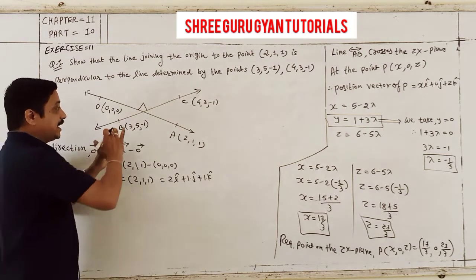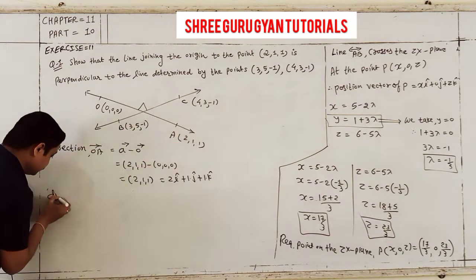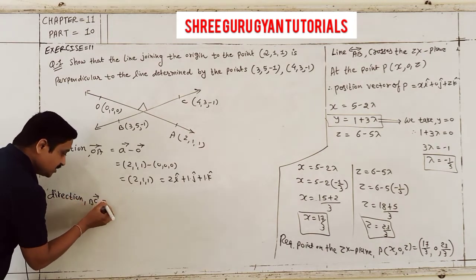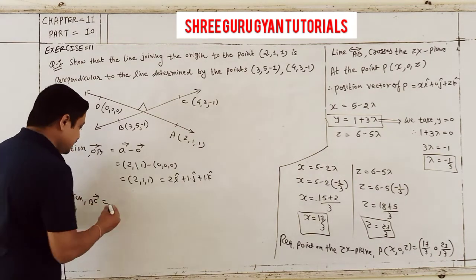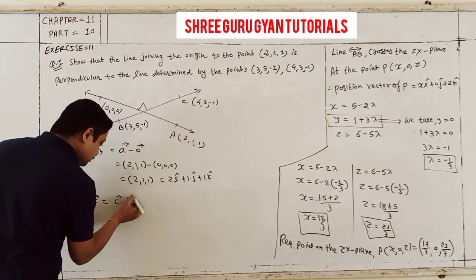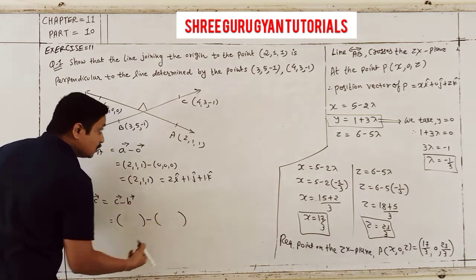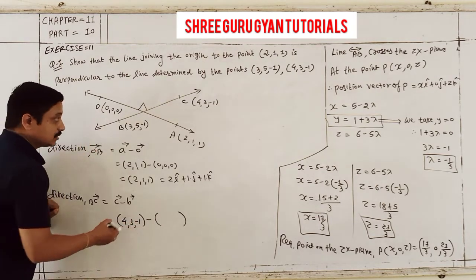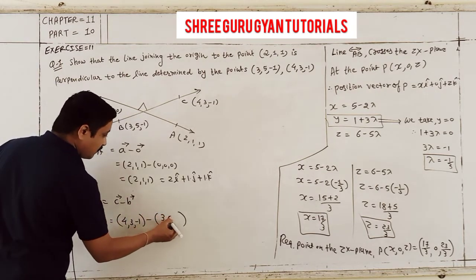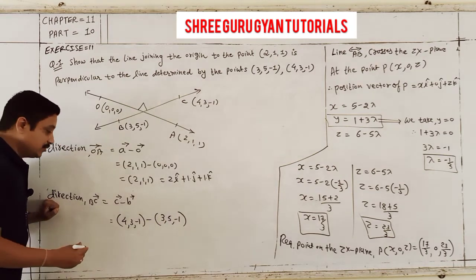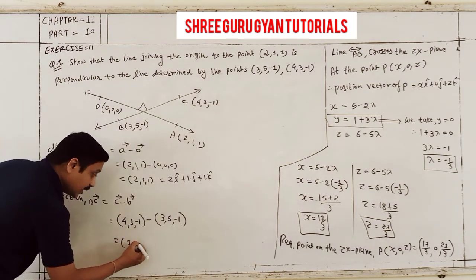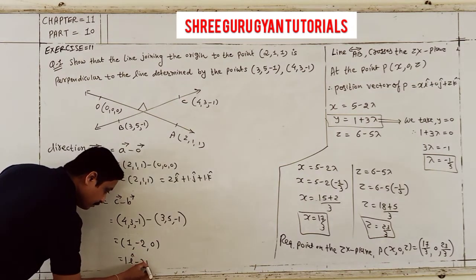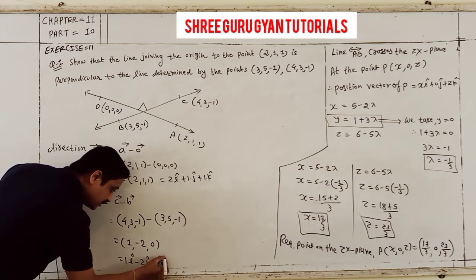Same as that, now the direction of BC. BC direction means C's position minus B's position. C is 4, 3, minus 1 and B is 3, 5, minus 1. Now check: it is 1, next minus 2 and 0, so 1i minus 2j plus 0k.